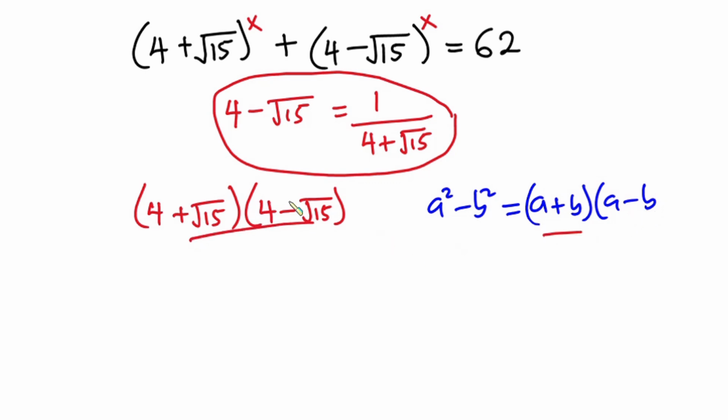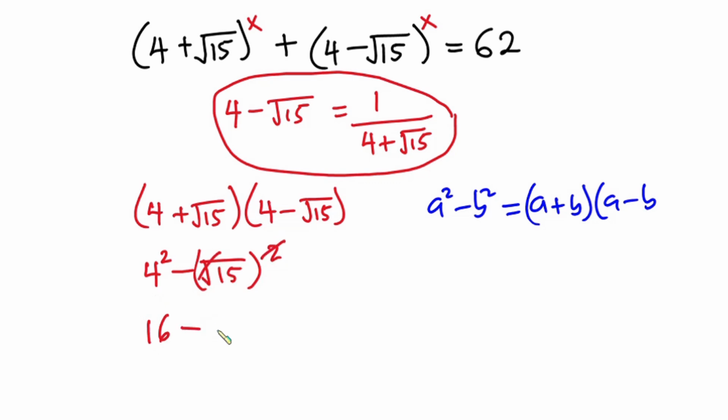Comparing this with this, I can rewrite it as 4² − (√15)². Expanding this, 4 squared is 16 minus, then the square root and the square cancel, so we have 15 here, and 16 minus 15 is nothing but 1.